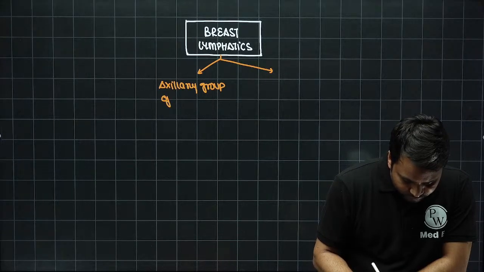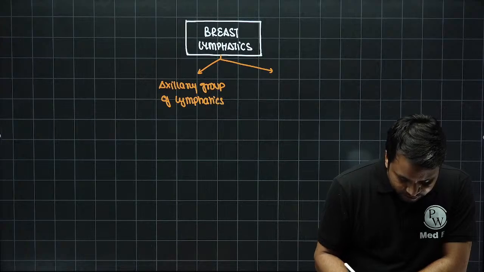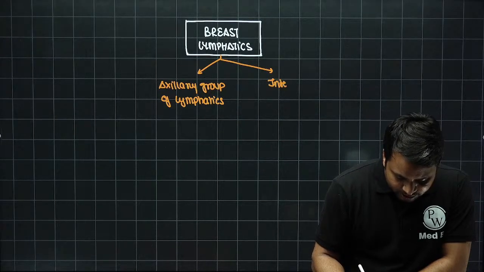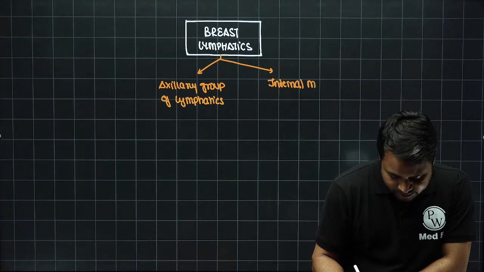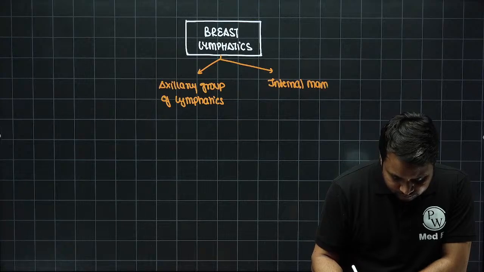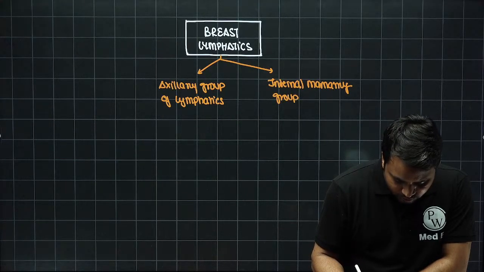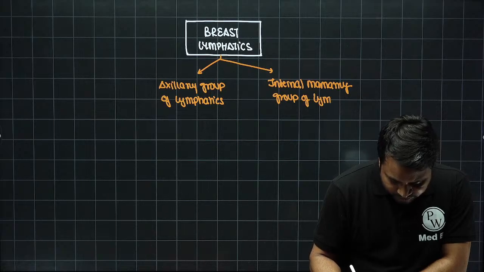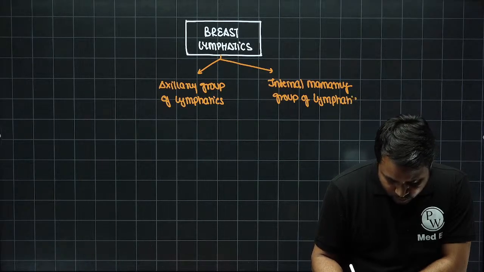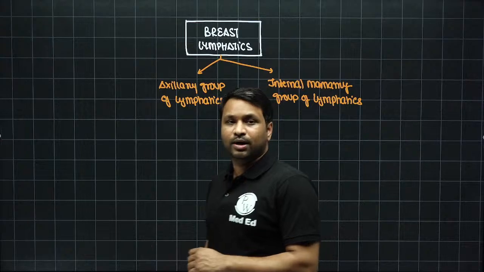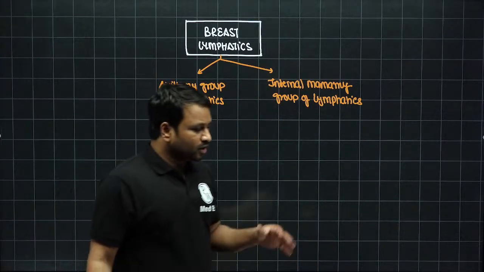Another one is going to be the internal mammary group of lymphatics. So one, we have the axillary group, another one is the internal mammary group of the lymphatics, right?